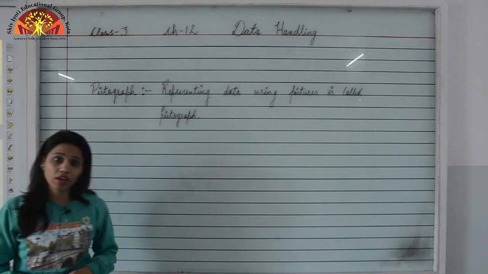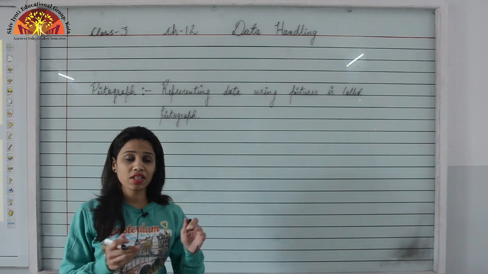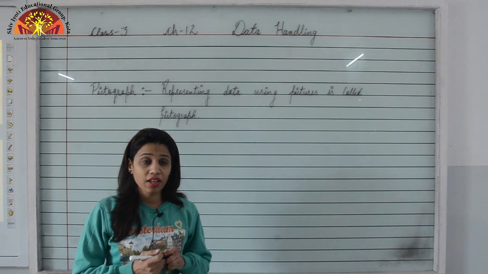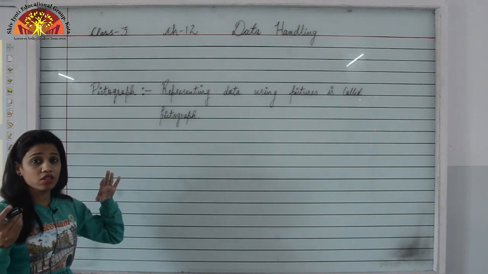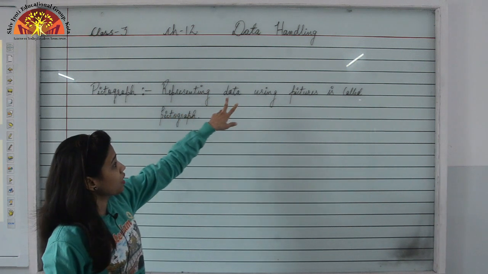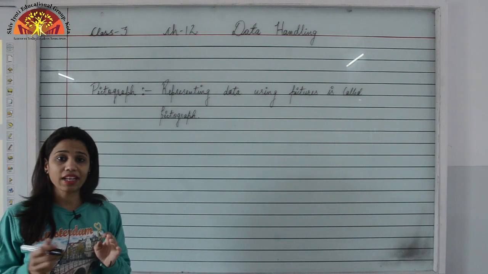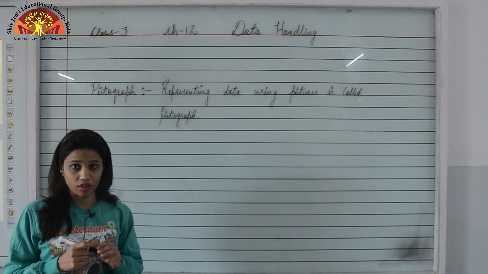Now what is pictograph? Representing data using pictures, means representation of data with the help of pictures is called pictograph. While studying pictograph, we need to draw pictures just to handle that data. A pictograph will always have a title and a key which will explain what each picture stands for.